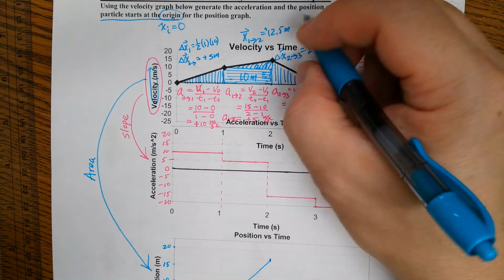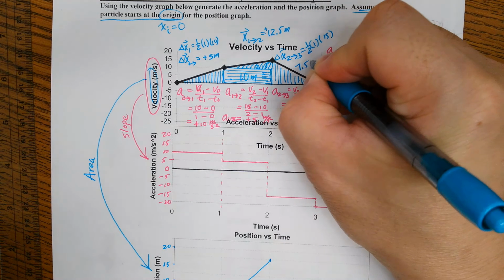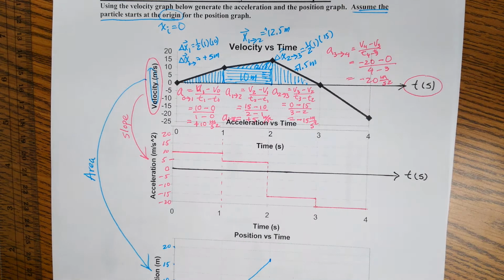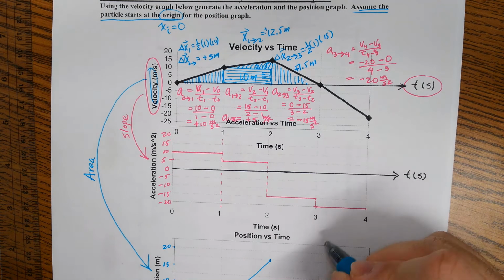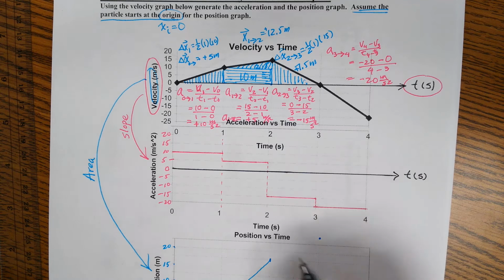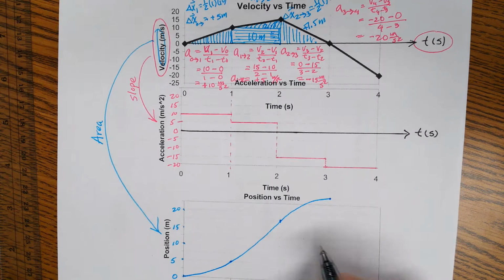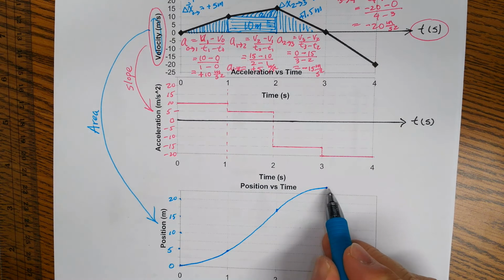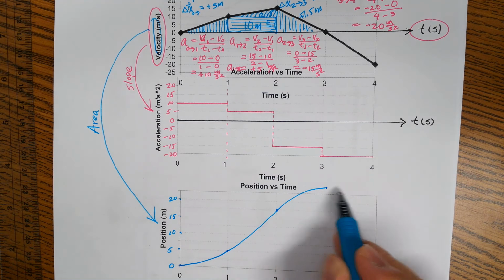This comes out to 7.5 meters, positive 7.5. Here it slows down to 0 at 3 seconds, so my slope at the top is going to be horizontal at 3 seconds. So this is 5, and 7.5 is right here, and it's going to slow down like this, so that at 3 seconds it's a horizontal tangent line.